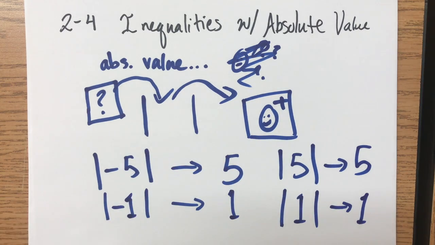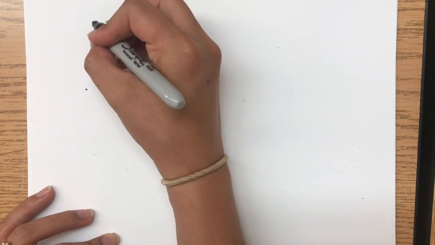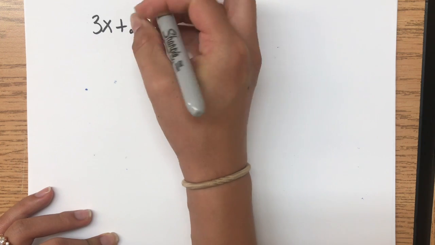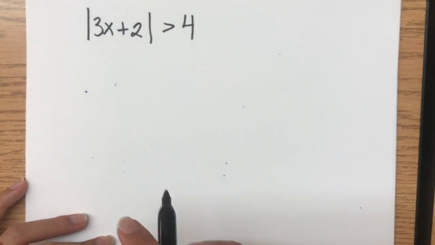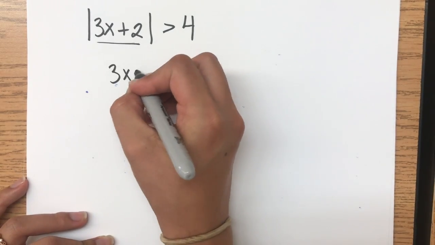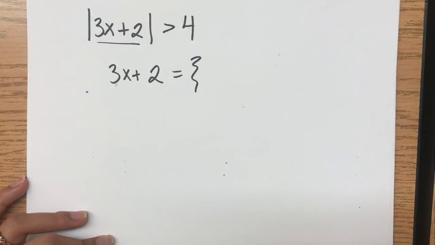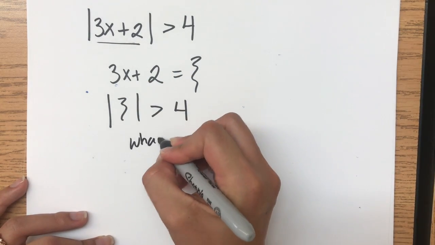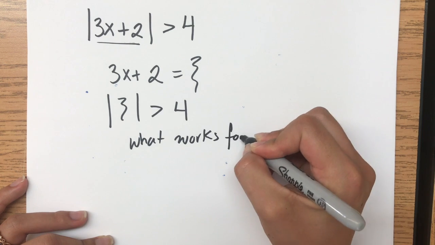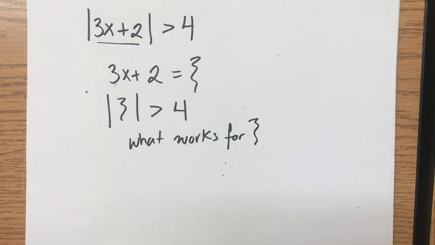Okay, so very simple concept, but we're going to make it a little bit more difficult using an inequality. So suppose that we have an equation. We have 3x plus 2, and it's inside absolute value, and that is greater than 4. Okay, so I'm going to replace this whole thing, 3x plus 2, with squiggly to demonstrate this in a more simple manner. So if squiggly in the absolute value is greater than 4, what kind of values are going to work for squiggly?